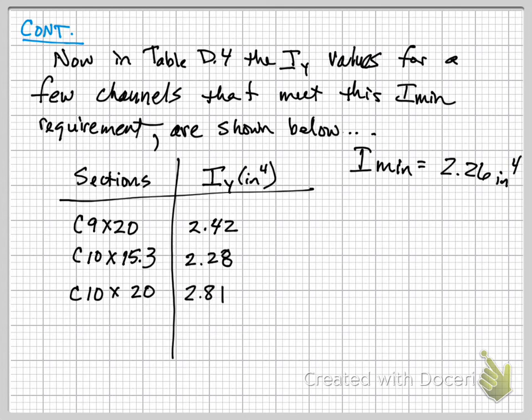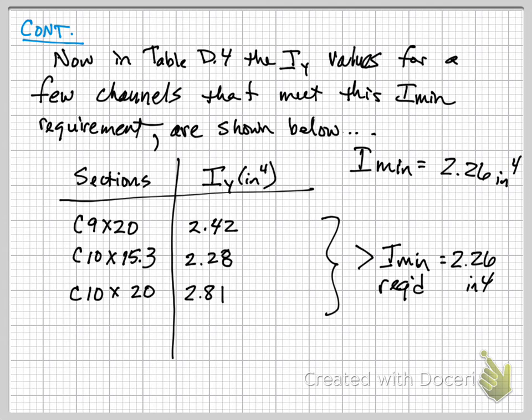Yeah, I think those are right. Now, note here that all of these are greater than the minimum required. They all serve the condition and will meet our expected safety factor value.